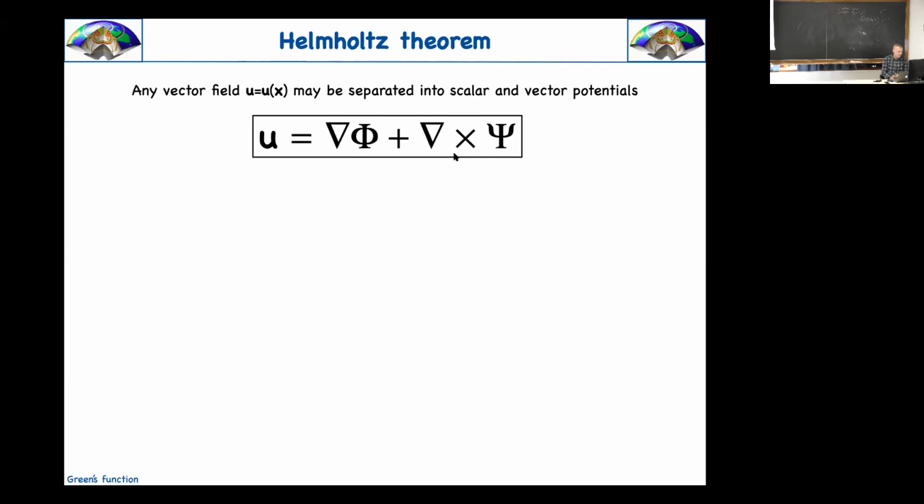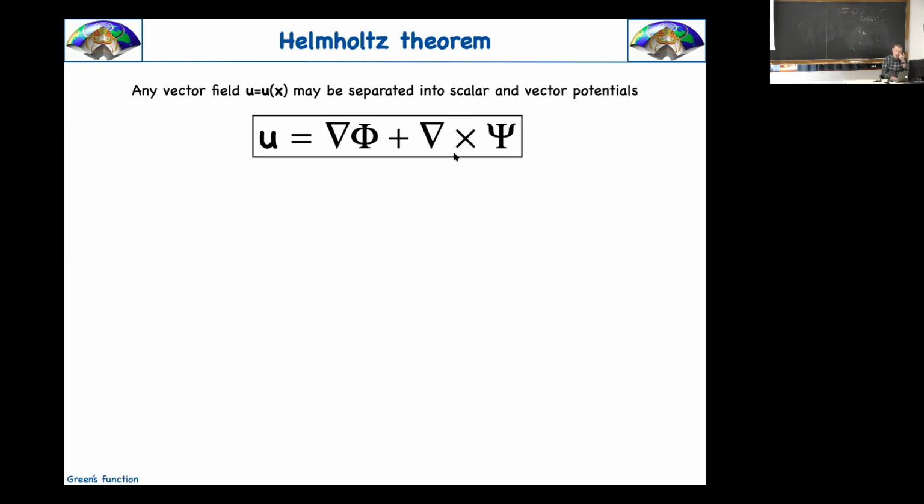So usually in elastic wave physics, Helmholtz theorem is used to separate the solution of a wave equation. What we are going to do today is to use it to separate the inhomogeneous term that is another vector.